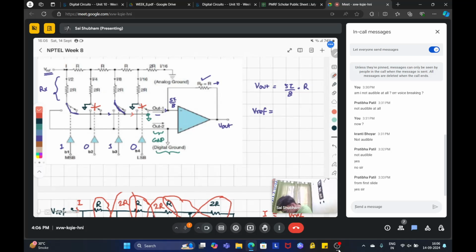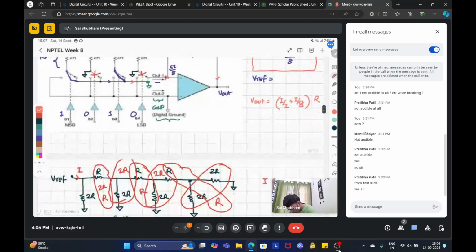Okay. So this is I by 8 and this is I by 2. Fine. So these currents will add up. They will go through out 1, through RF to your output. So hence we got V out equal to I by 2 plus I by 8 into R. Okay. This will be 5I by 8.